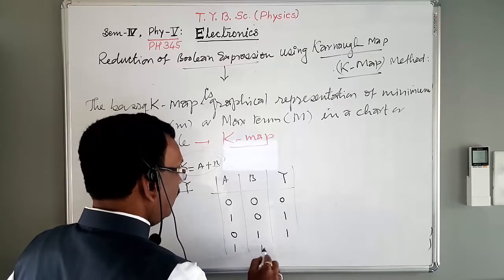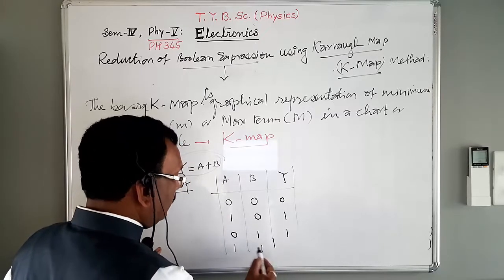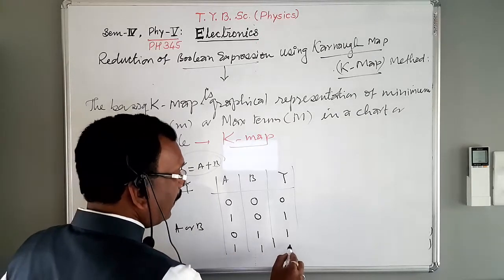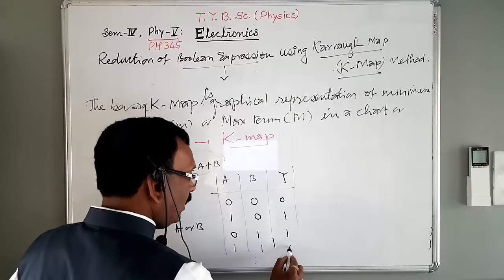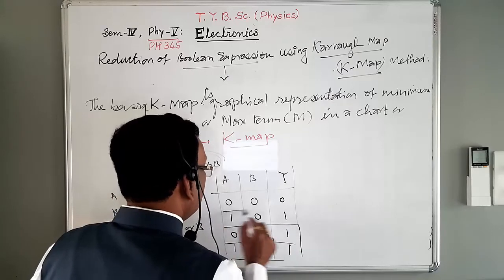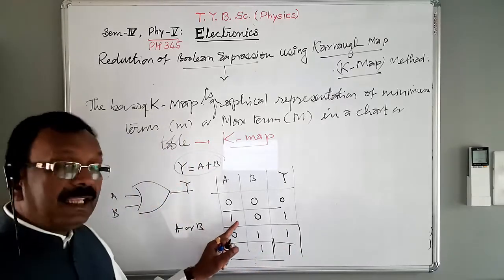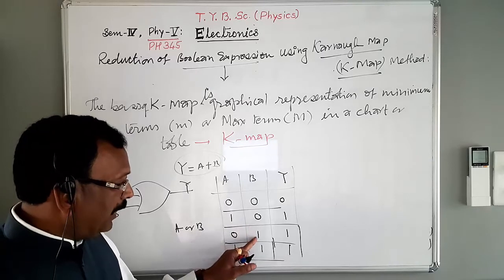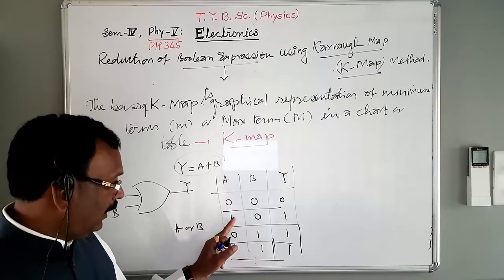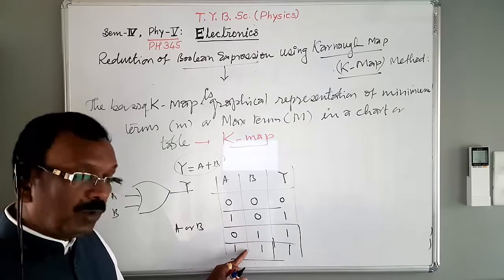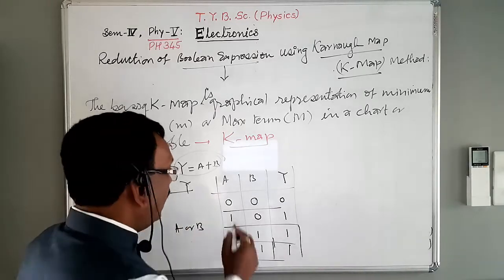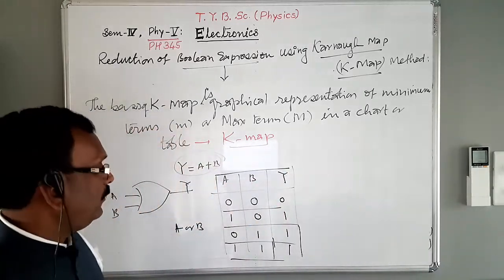And when both A and B are high, output is high. So the condition is either A or B or both: when A or B or both are logically high, our output is high, hence the name OR gate. This is the truth table for OR gate.